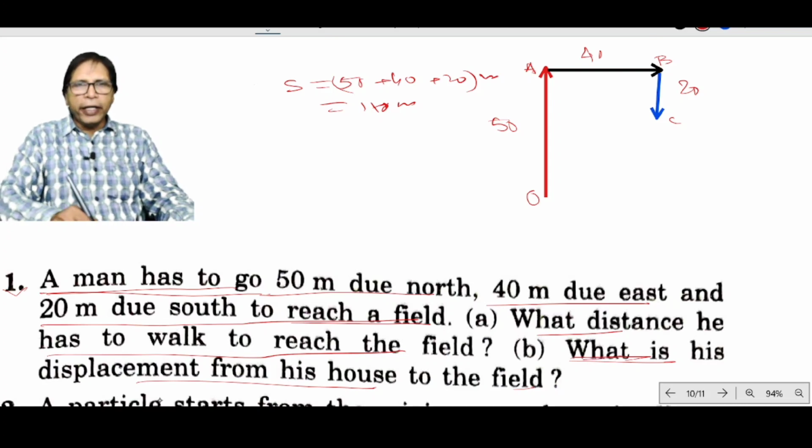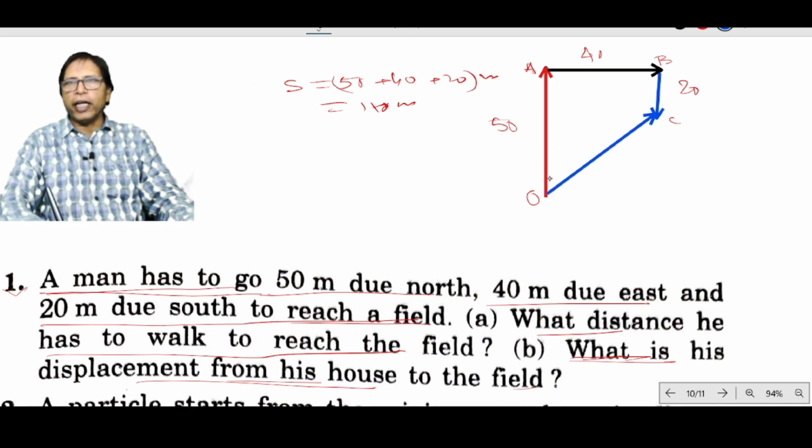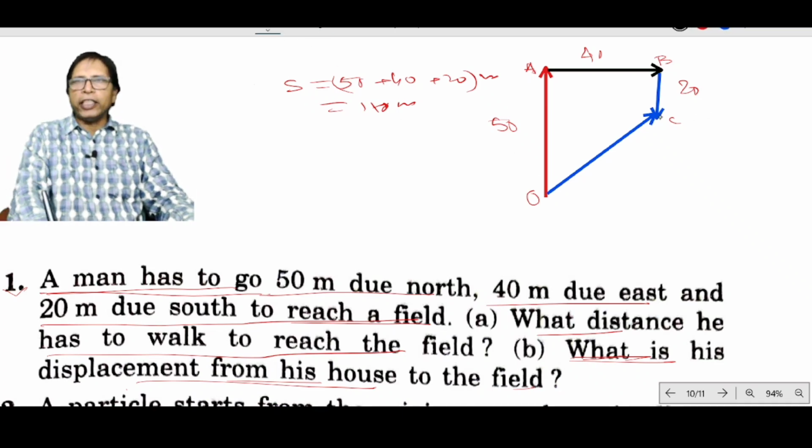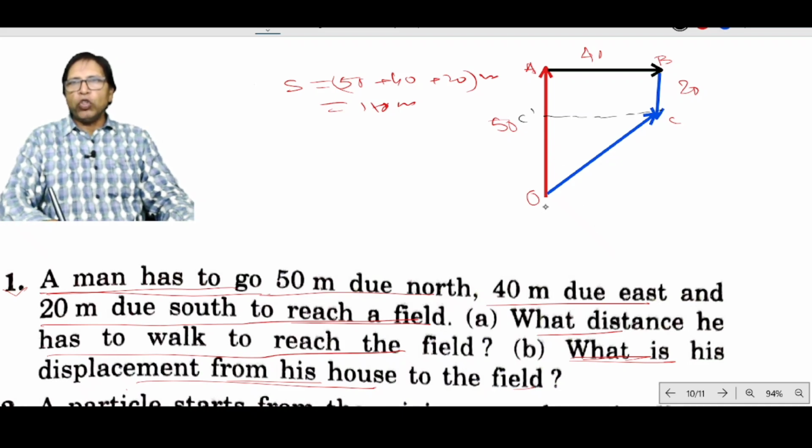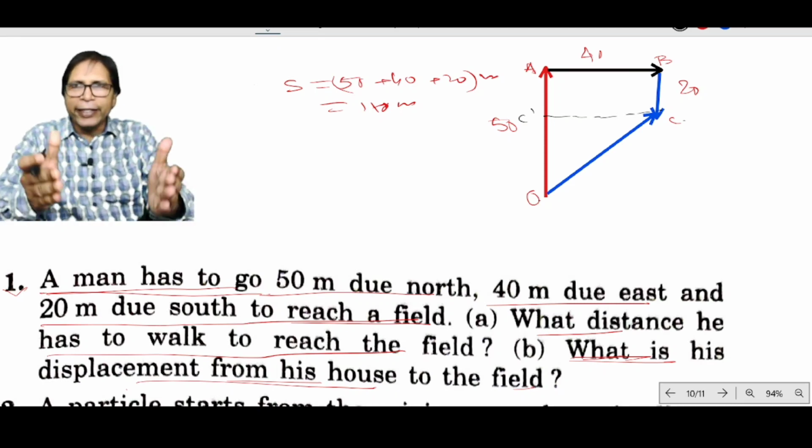Now, what is the displacement from his house to the field? Displacement is the shortest distance between initial and final point. So OC is the displacement. To calculate OC, suppose this is C dash. Here OCC dash is a right angle triangle.